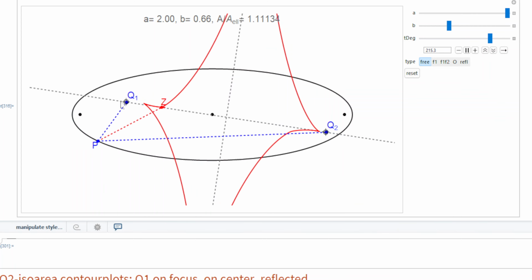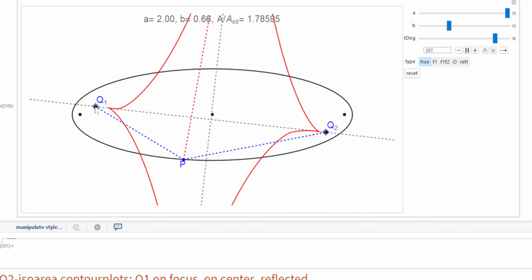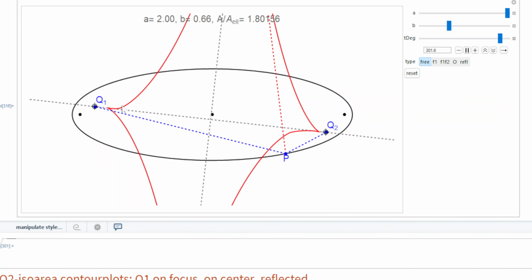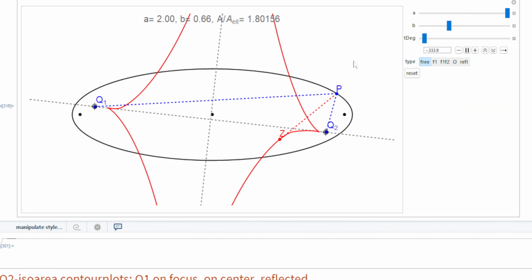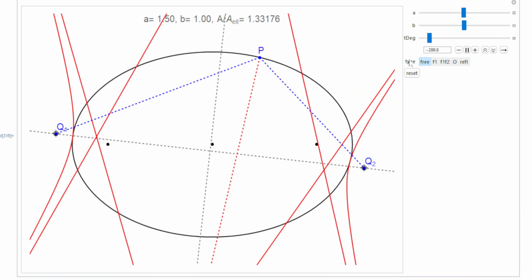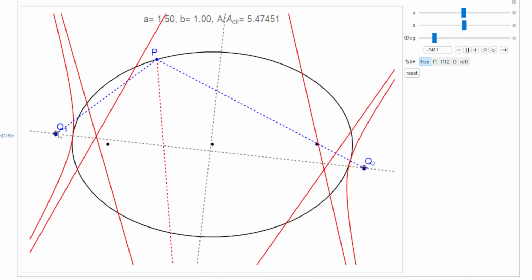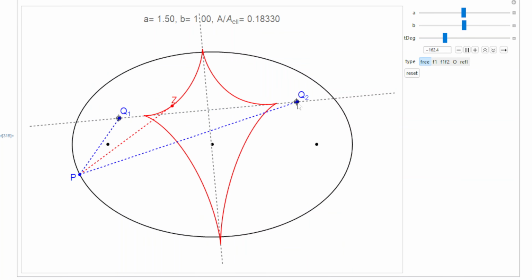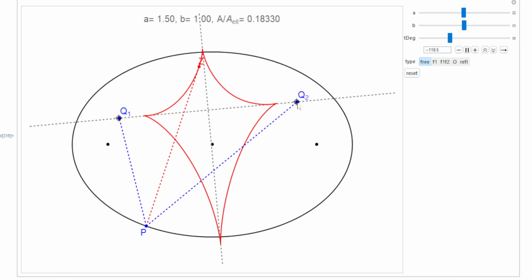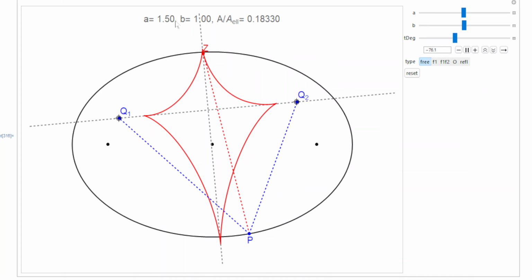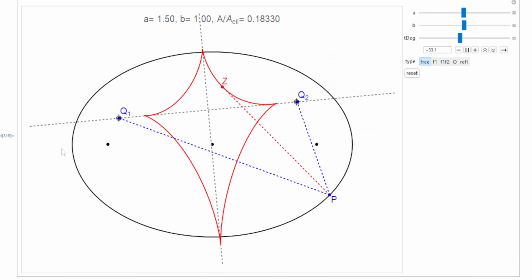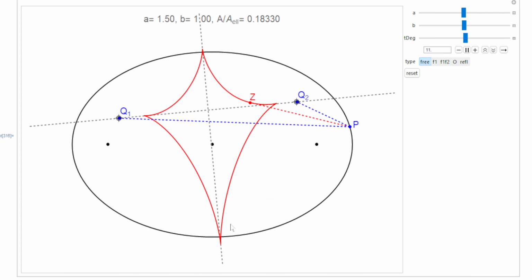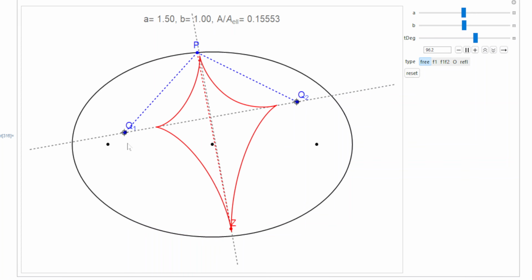As I move Q outwards, I can detangle those 2 additional cusps, making this envelope become regular. But let's go back to our original setup, where I had a more well-behaved outer ellipse. Right now, actually, A over B is 1.5, so the major axis is 3 halves that of the minor axis. And we get this phenomenon that we discussed before.